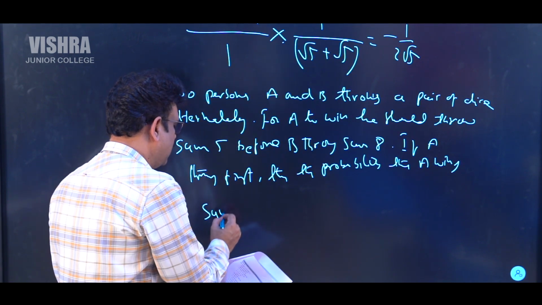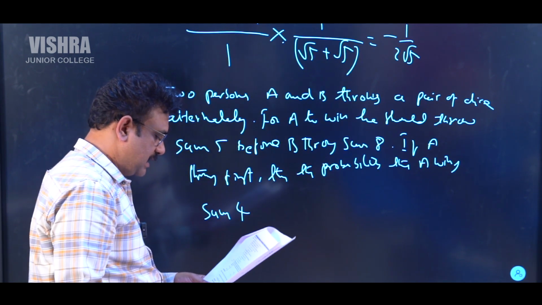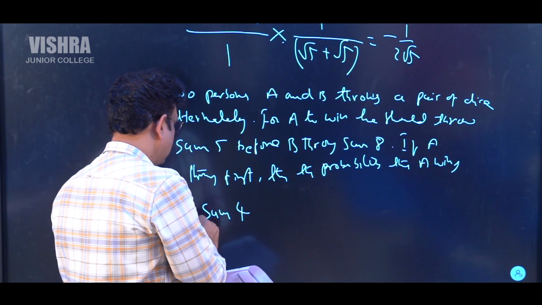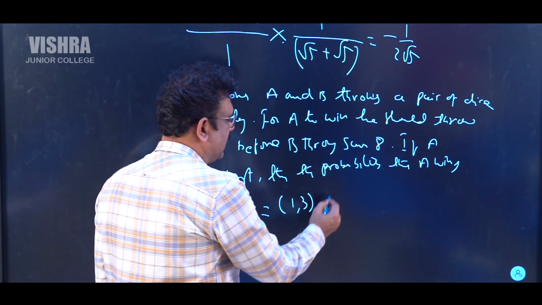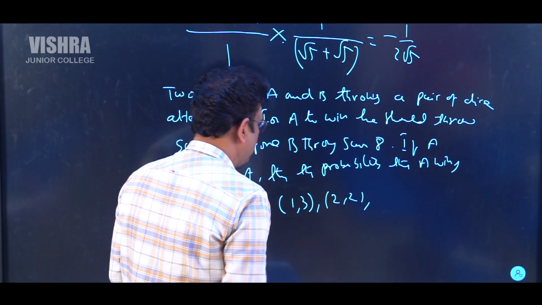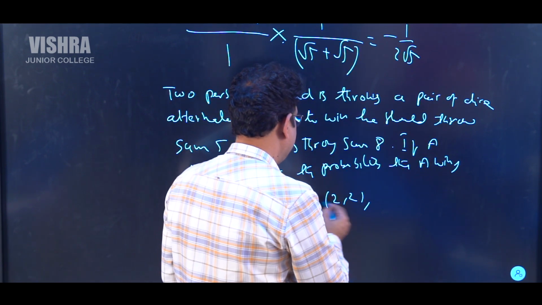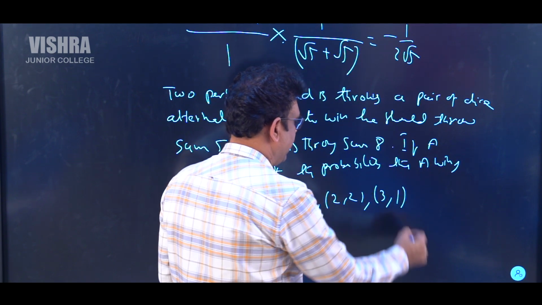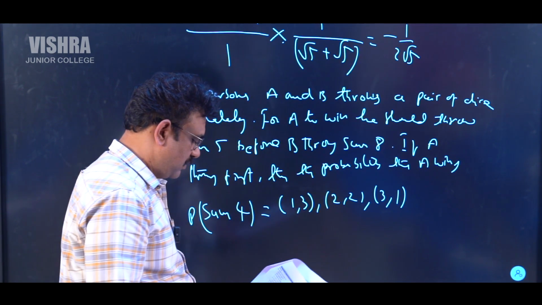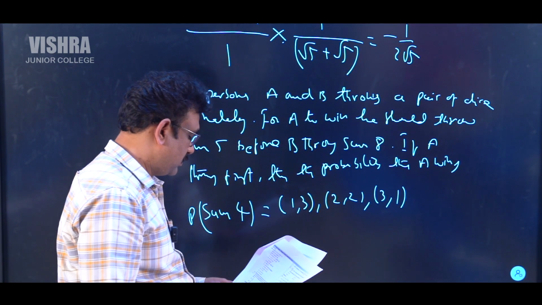Sum 4 is equal to 1 3, 2 2, 3 1. That is equal to 1 by 12 for getting 4.